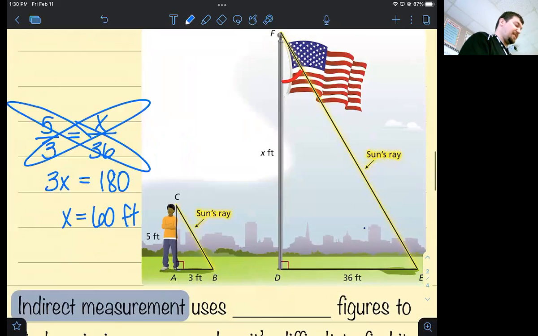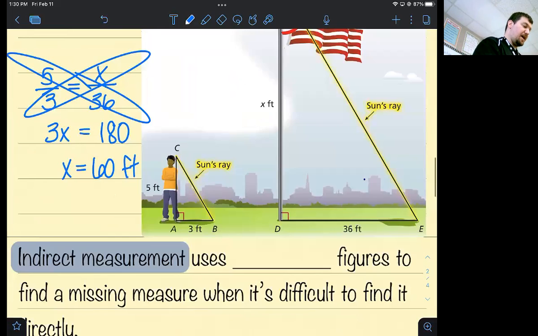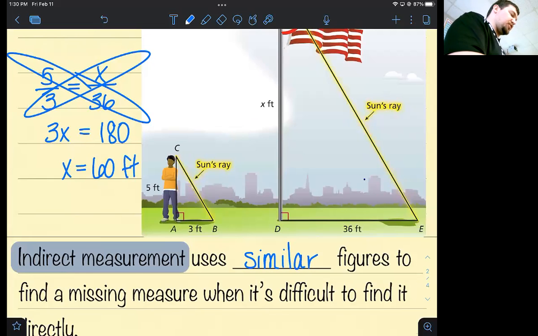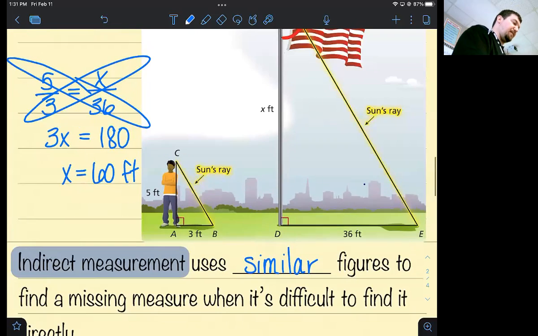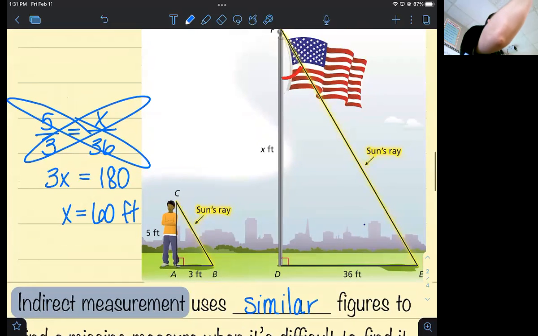Okay, and as I mentioned yesterday, this is called using indirect measurement. Indirect measurement uses similar figures to find a missing measure when it's difficult to find it directly. It would be difficult to climb the flagpole and then dangle down a tape measure.